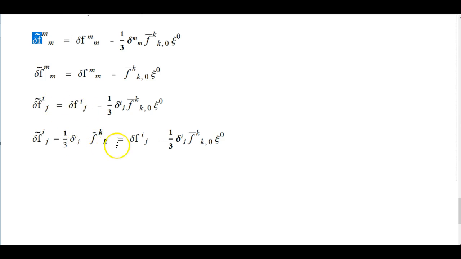I'm subtracting 1 by 3 delta ij from f tilde kk from both sides. So I will write this here also with minus sign. Okay, and this is the traceless part.